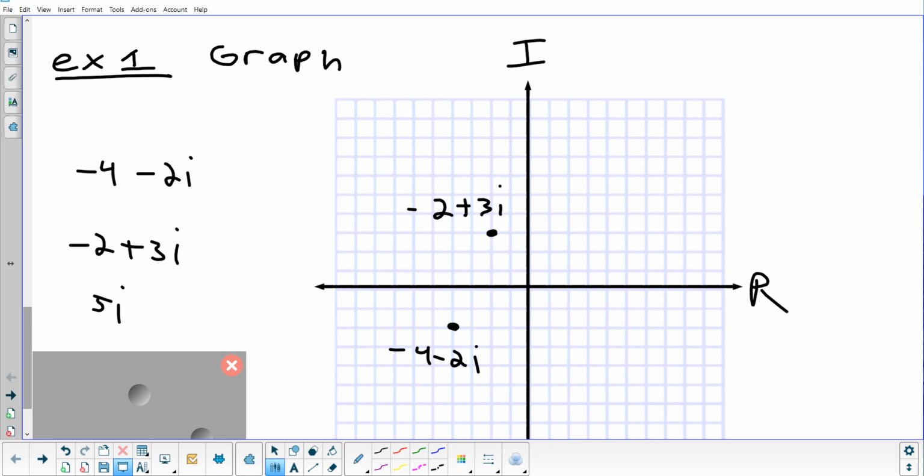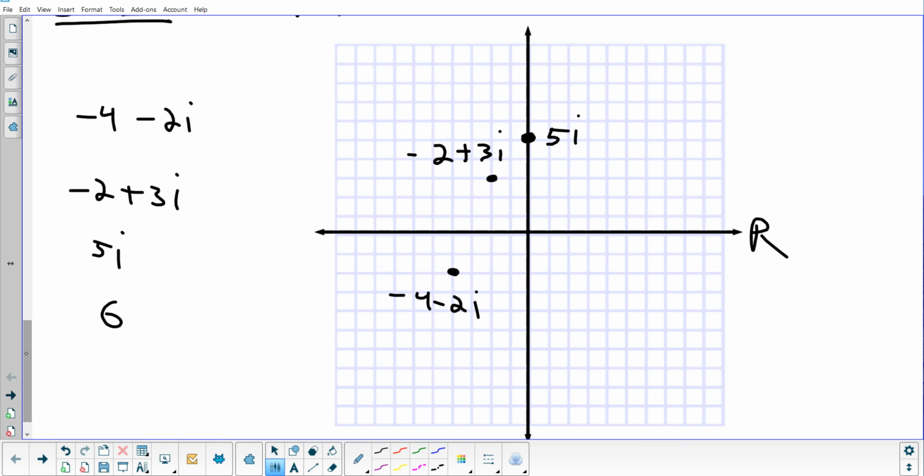Okay. How about 5i? How would I graph that one? Yep. Up 5. There's no real part this time, so you could just think of it as 0 plus 5i. Don't go left and right. Up 5. Okay, so there's that one. How about 6? Francesca? To the right 6.